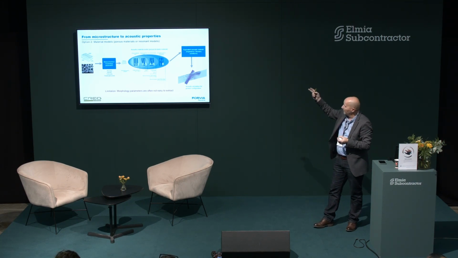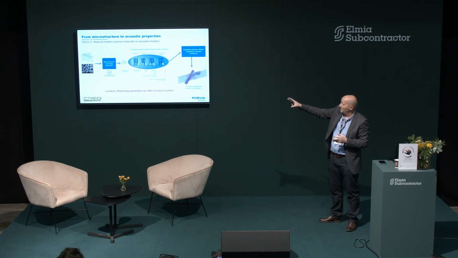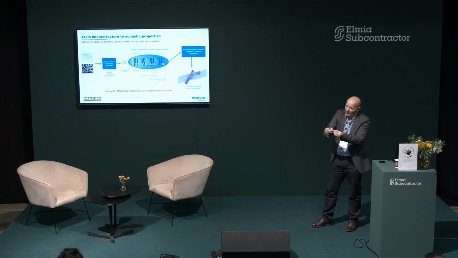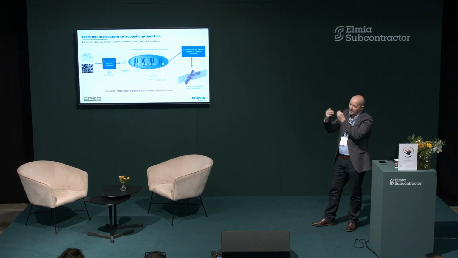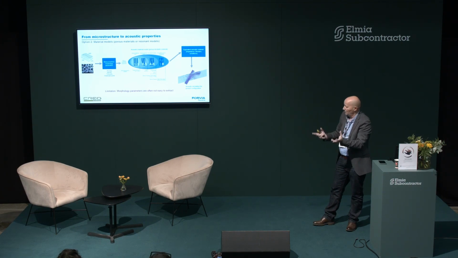So we are talking about acoustic impedance, about boundary conditions. The important thing is that these models make the translation between the physical parameters to something that can be used in a simulation tool and embedded in complex geometry.